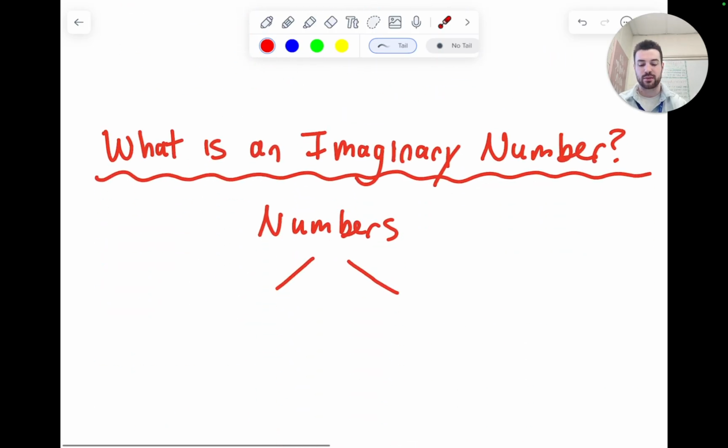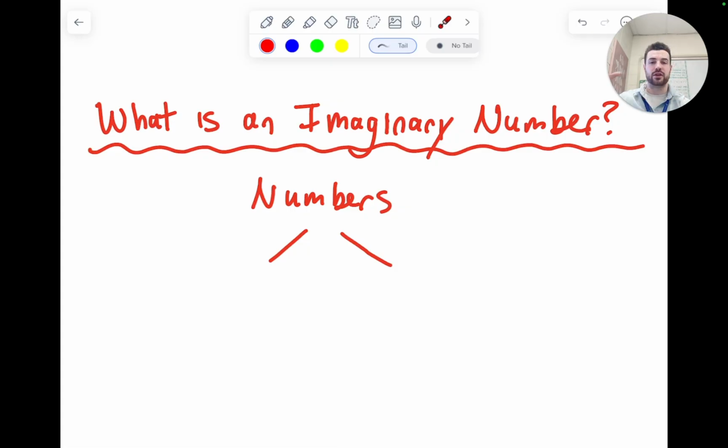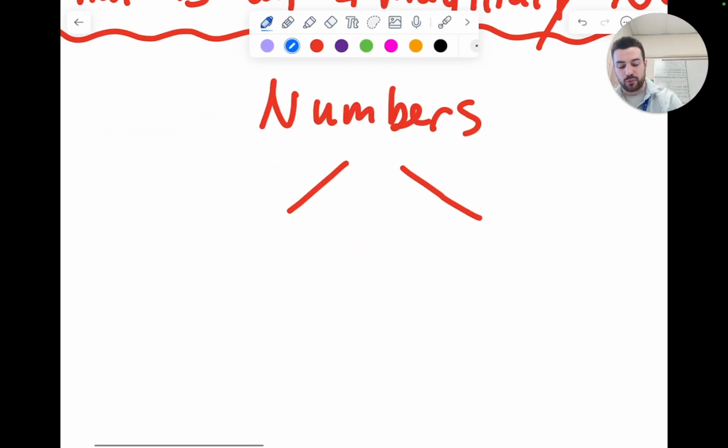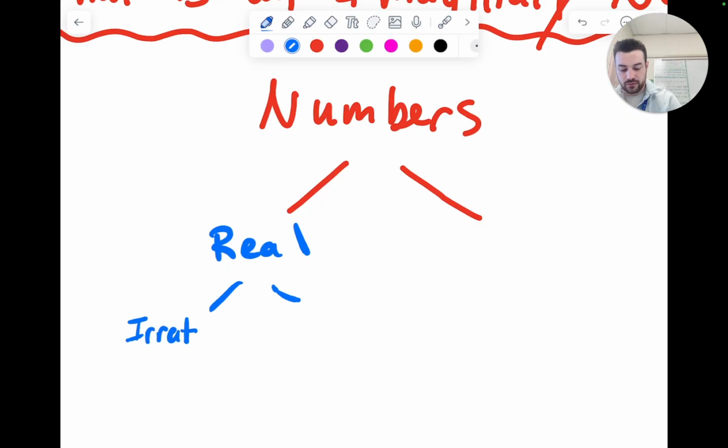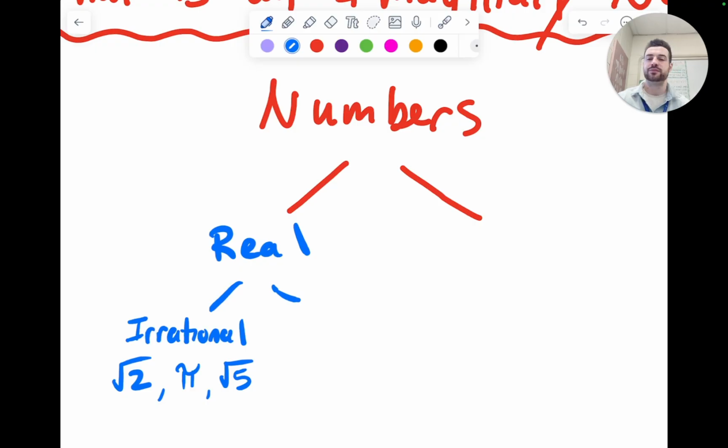So if we think about what an imaginary number is, think about numbers as a whole. We've got a big umbrella term, but these break into smaller parts. We have real numbers first, which include irrational numbers, such as the square root of 2 or pi, the square root of 5, for example. Now, we also have our rational numbers, and those are the numbers that can be written as a fraction.